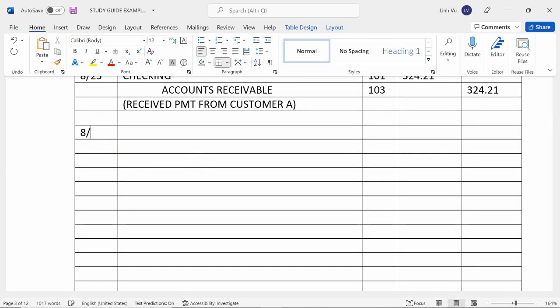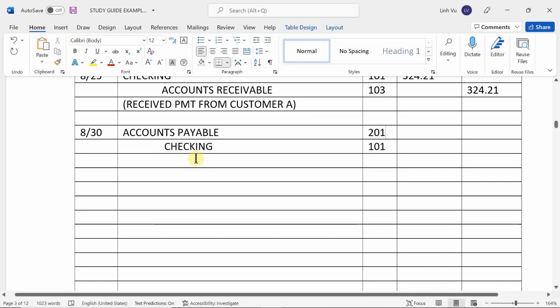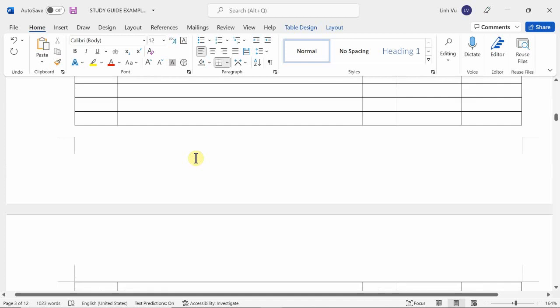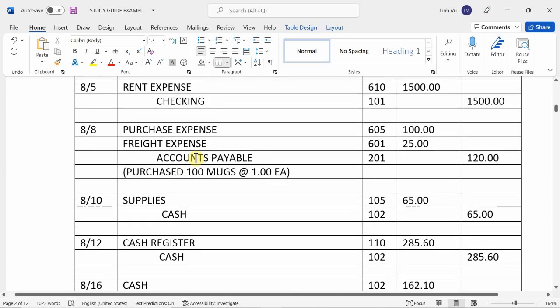That it is August 30th. I'm decreasing my accounts payable because I'm paying for what I owe, and I'm doing that by writing a check out. So in this case, how much do I owe? Well, let's take a look. When did I purchase my coffee mugs? I purchased it on the 8th. Accounts payable, so I owe right now $120.